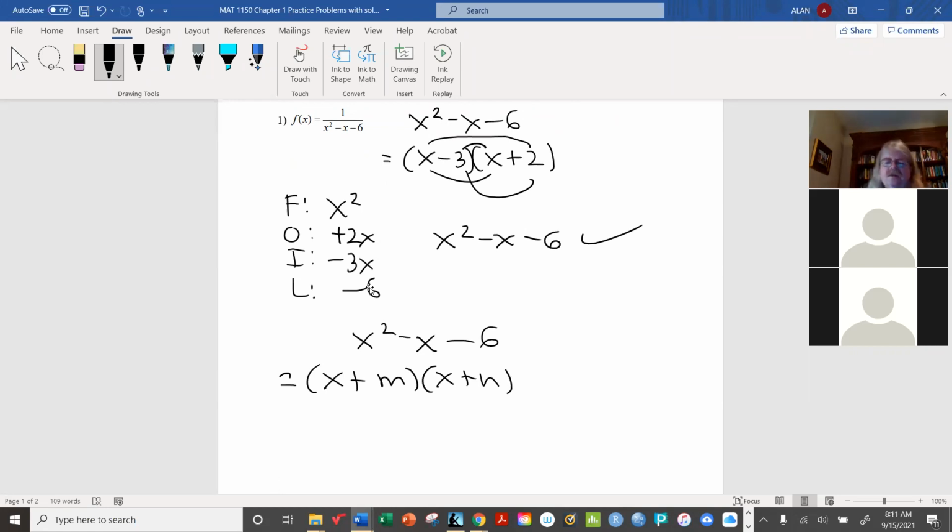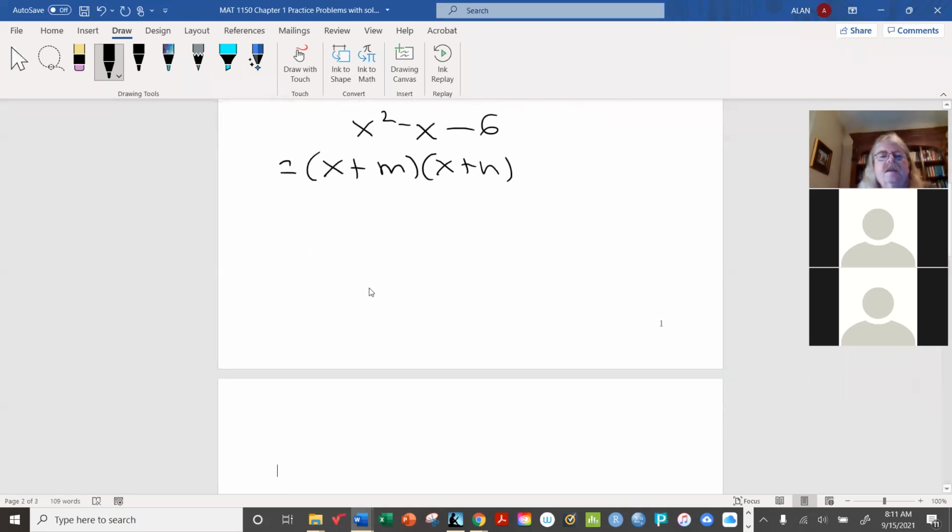And if you apply FOIL to this expression, you'll get first is x squared, outer is nx, the inner is mx, and then the last is mn.